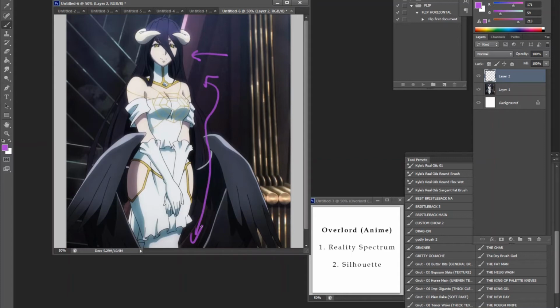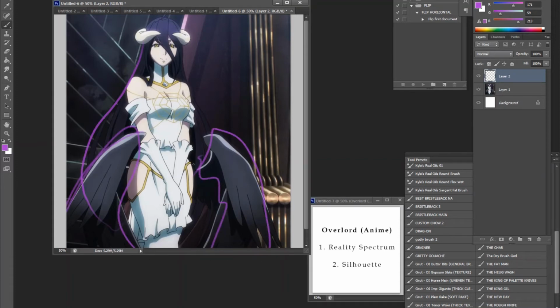Now, the main issue, again, is the reality spectrum. And what I want to talk about to finish it off is how you would use silhouette to hide the issue. So notice that her hair and her wings are different ways to change the silhouette so we're not too distracted by the fact that her body is very real, very realistic.